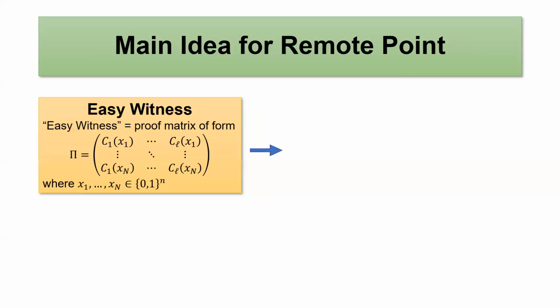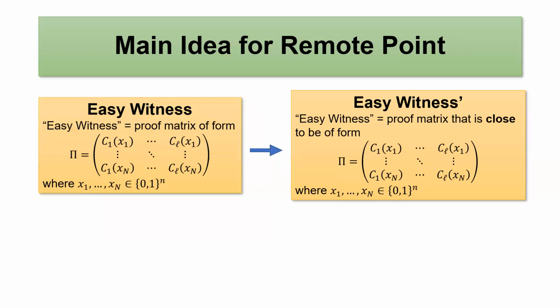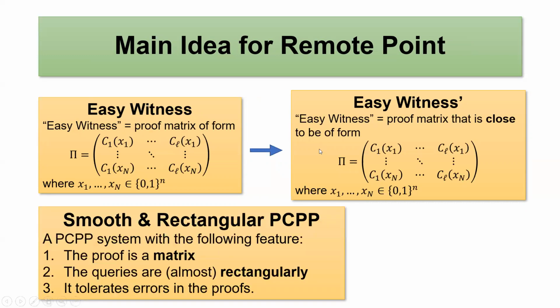The idea for remote point is similar. We define easy witness to be any proof matrix that is close to the former. This is the difference. And to accommodate this change, we need the PCPP to have another property called smoothness. Smoothness roughly means that each entry is queried with equal probability. And this allows the PCPP system to tolerate some error in the proof.